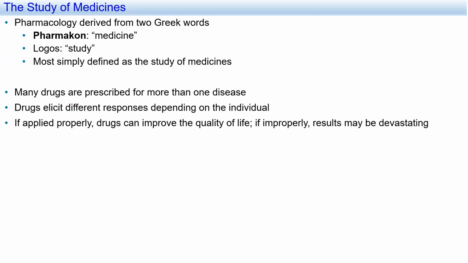So pharmacology derives from two Greek words, pharmakon, which is medicine, and logos, which is study. There are more than 100 trade name drugs available on the market. Each one has its own set of therapeutic applications, adverse effects, mechanism of action, nursing implications, and other details that we're going to review in Patho Pharm 1 and Patho Pharm 2.